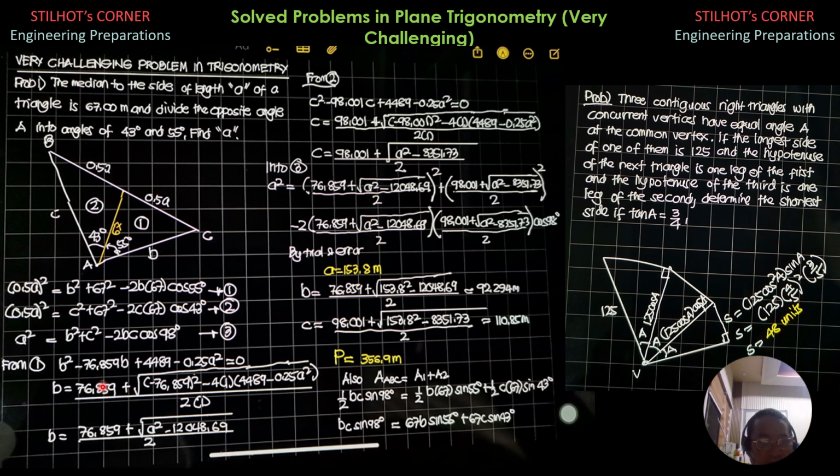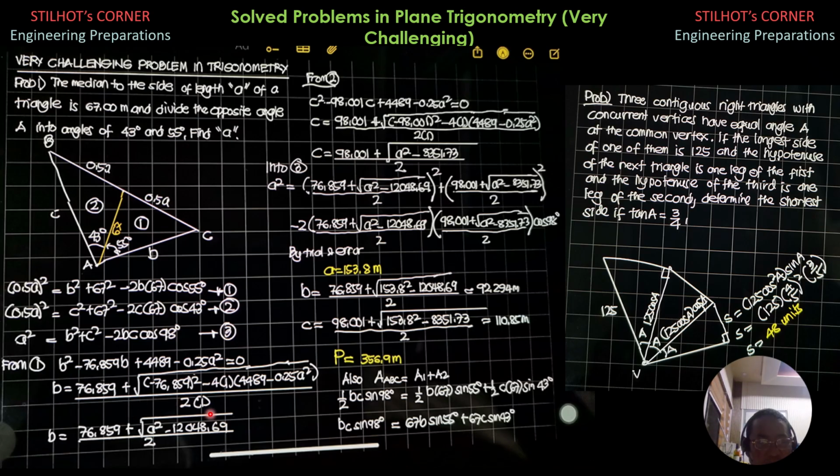So negative of negative 76.859 is positive 76.859. Then supposedly plus or minus the square root of the discriminant. But I use plus here to anticipate that B should be positive, because this may be negative, or this may be greater than 76.859. So there's a possibility that it will be negative. So I use plus the square root.